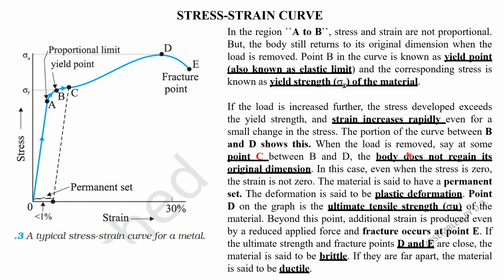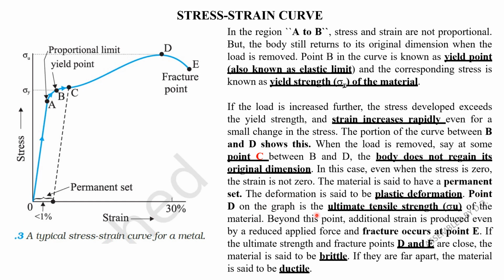When the load is removed, say at some point C between B and D, the body does not regain its original dimension. So between B and C, the body is not able to regain its original dimension. In this case, even when the stress is zero, the strain is not zero. The material is said to have a permanent set. The deformation is said to be plastic deformation.